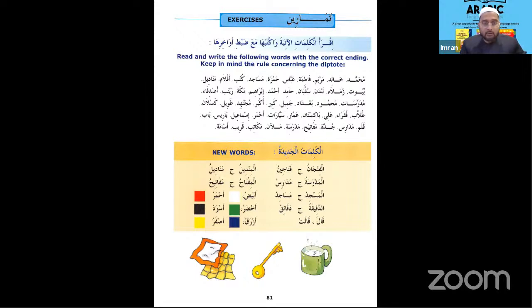However, there are certain exceptions from this general ruling in regards to nouns. One of those exceptions is the diptotes. Diptotes are certain words in the Arabic language mentioned in book 1, like any word which ends with alif noon. Remember alif noon?